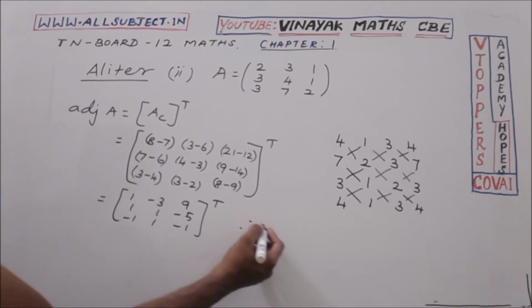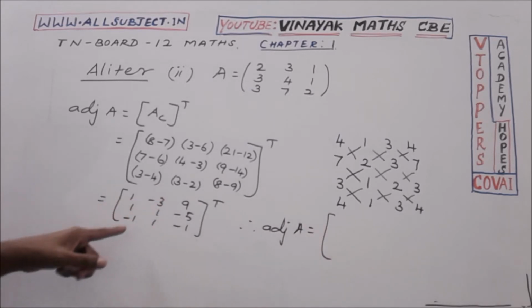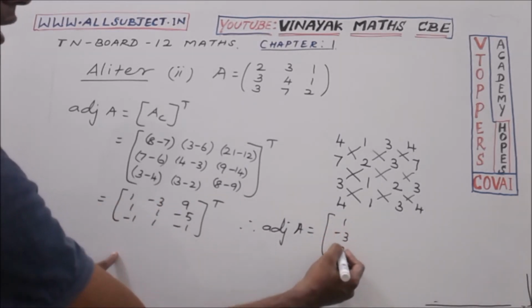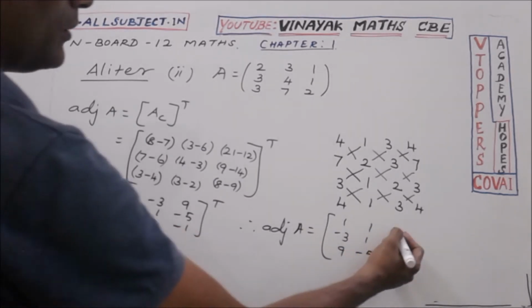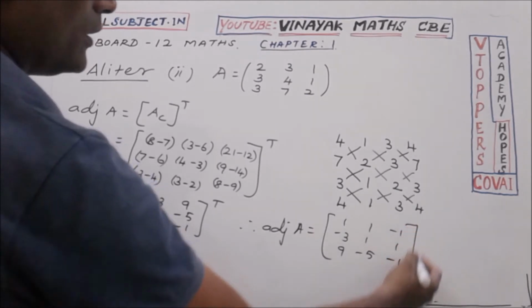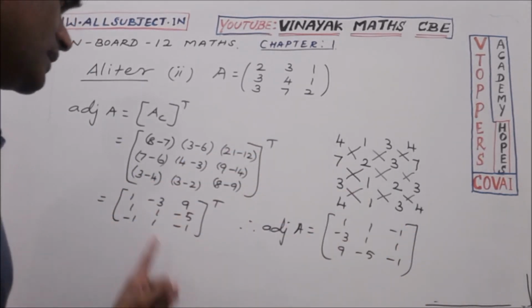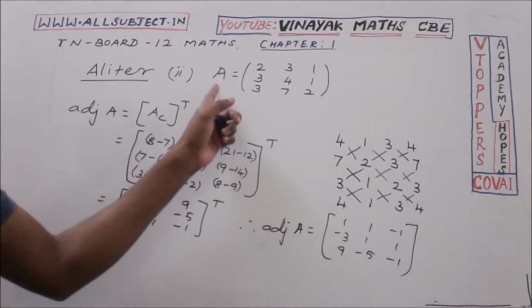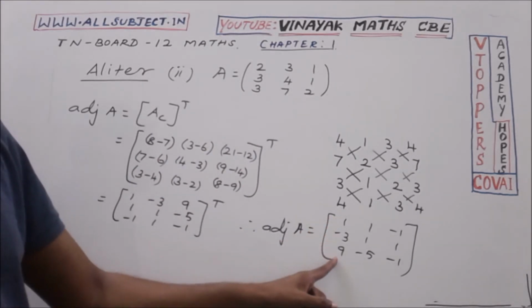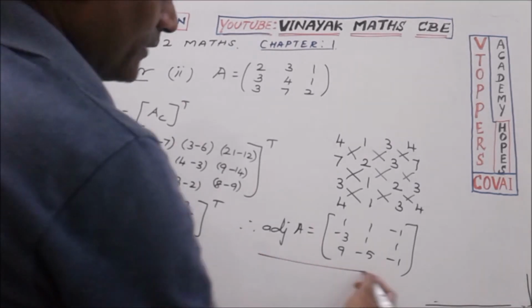Therefore, the adjoint of the given matrix A will be equal to, transposing it, 1 minus 3, 9, 1, 1 minus 5, and then minus 1, 1 minus 1. The first row is written as the first column, the second row as the second column, and the third row as the third column. So the final answer of the adjoint of A is 1 minus 3, 9, 1, 1 minus 5, minus 1, 1 minus 1. That is the adjoint of the matrix.